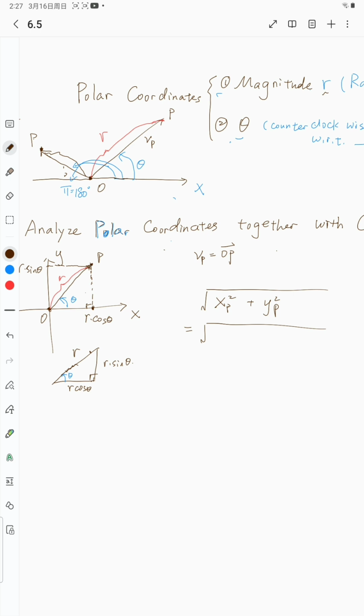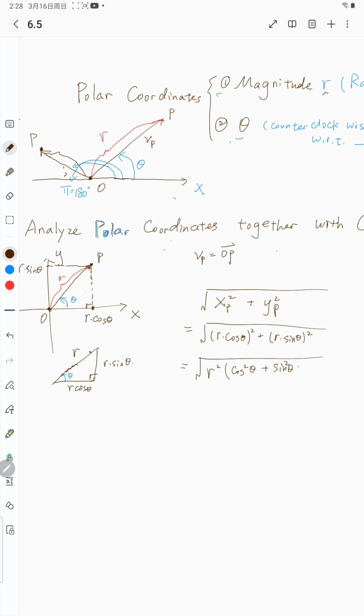And if you guess correctly, this would just be R times cosine theta squared, plus R times sine theta squared, right? All right, and then next we're just gonna take out the R squared, and then big bracket cosine squared theta plus sine squared theta, right? So did you write it down?